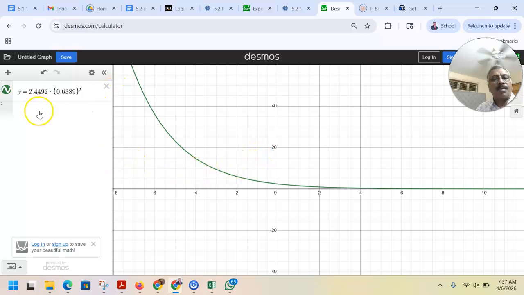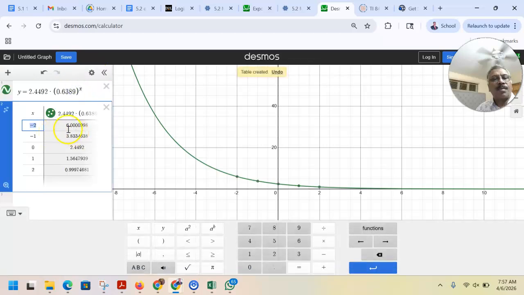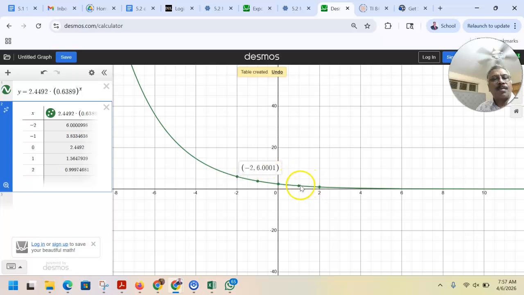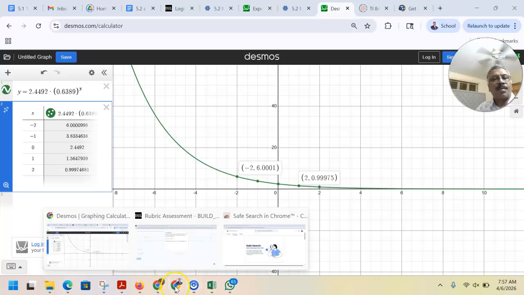You can also use the table to understand this and put -2 is 6 here, that's -2, and 2 is 1. So this is what the understanding is. Hope that helps. Let's do another one.